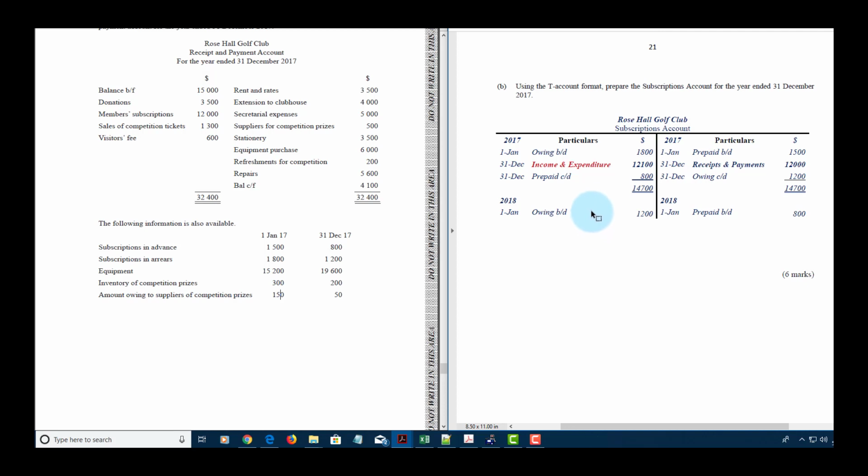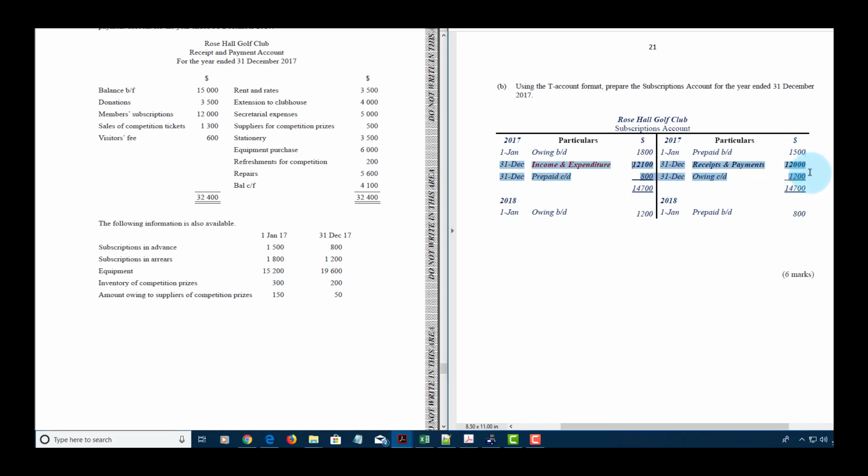Alright, so we look into the receipts and payment account. We identify the member subscription as 12,000, we record it. We identify the opening prepayment and the opening accruals or owing for subscription, we record it appropriately. We identify the closing prepayment and the closing owing for subscription and record it.